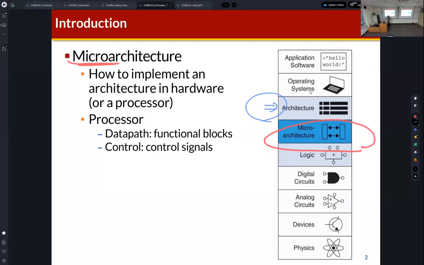But in order to understand the entire picture, we need to focus on the performance of computer systems, because you are learning about computer engineering and computer science, right? We need to focus on performance, efficiency, and other factors when we study this research area. So we need to understand the microarchitecture layer of the computer system, the hardware architecture of a processor.